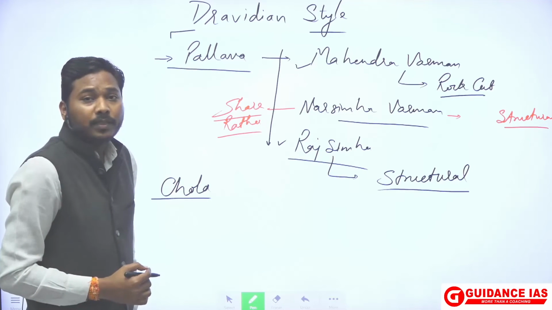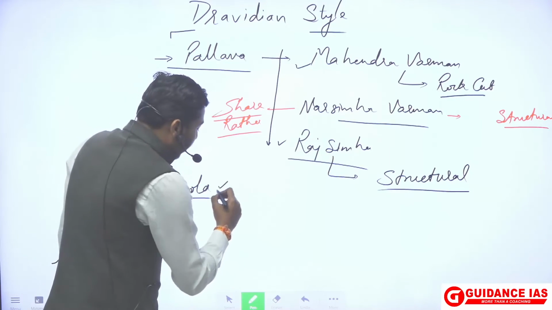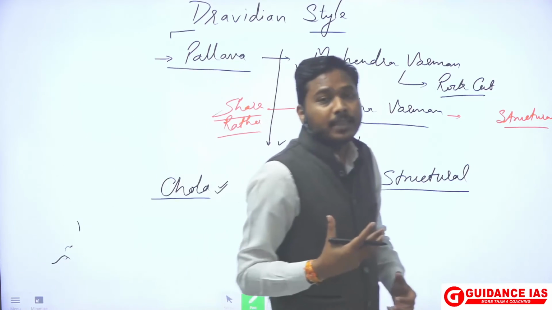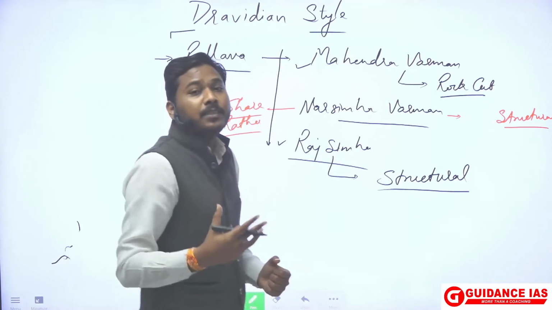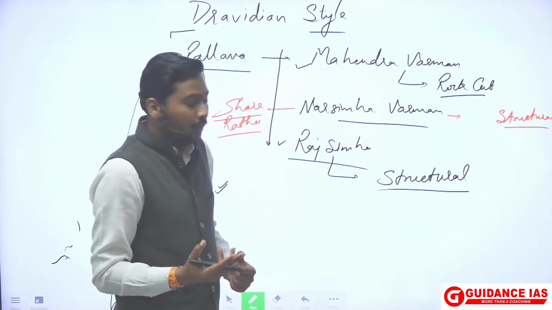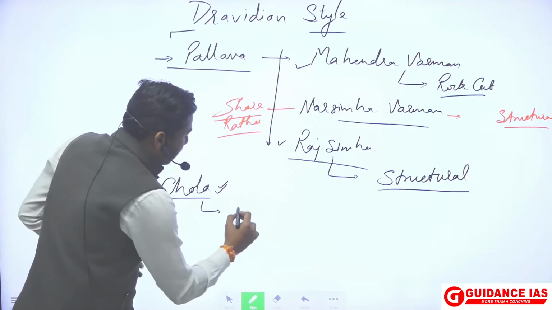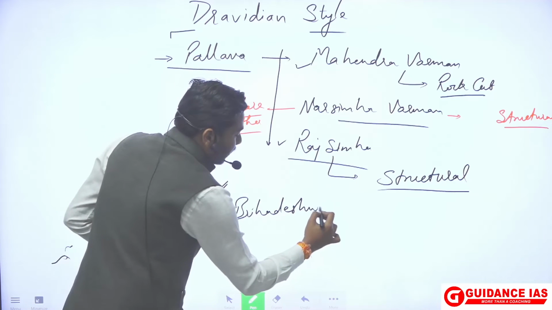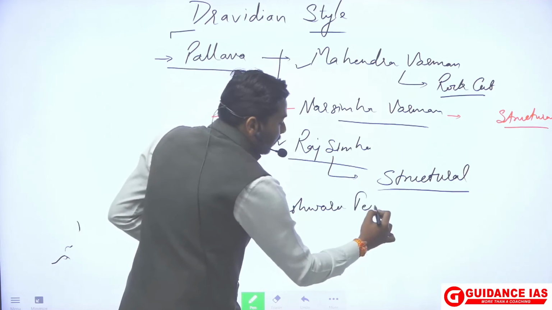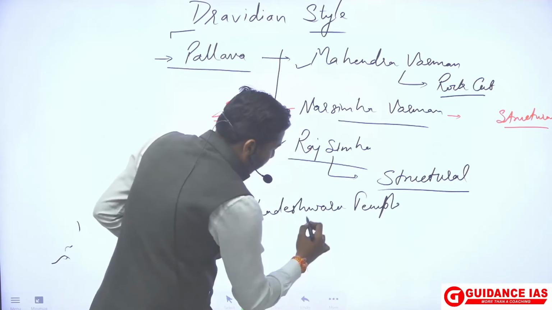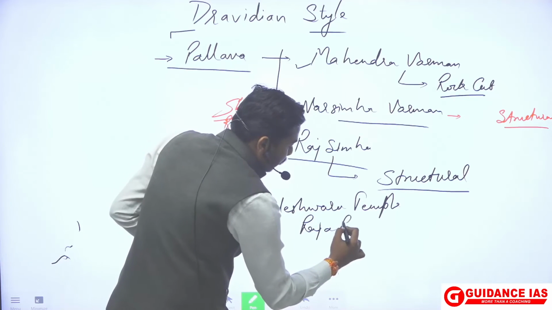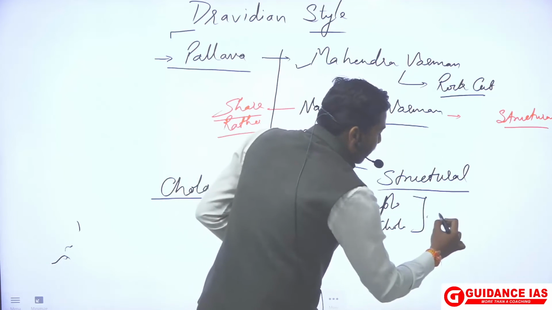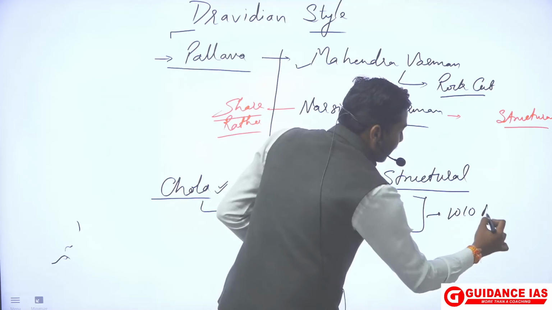Clear? And during the Chola regime, the temple architecture, particularly the Dravidian style of architecture, we can say reached its zenith. The greatest example is the Brihadeshwar temple, constructed by Raj Raj Chol in 1010 AD.